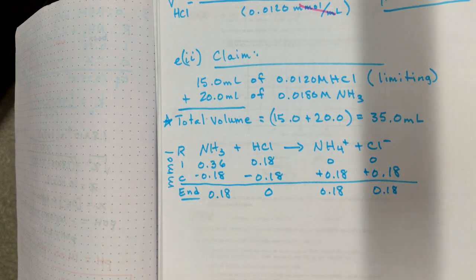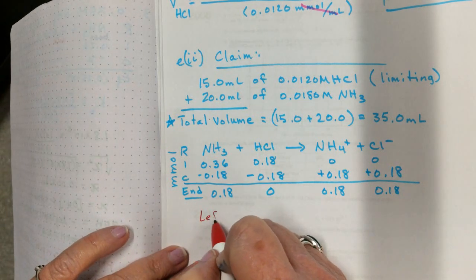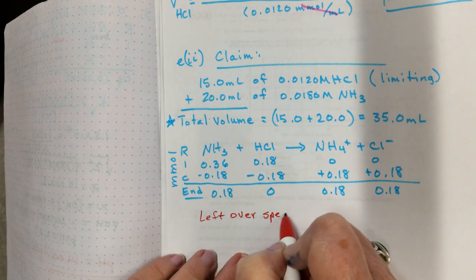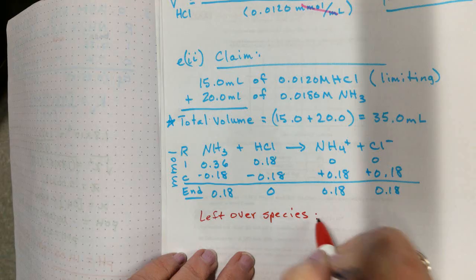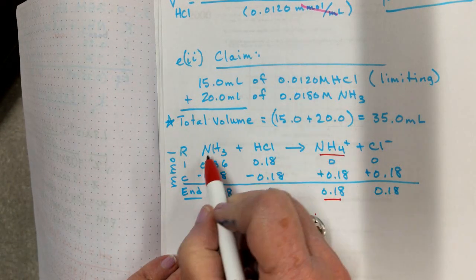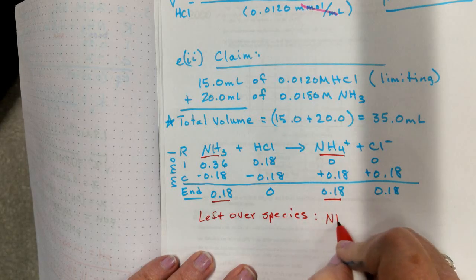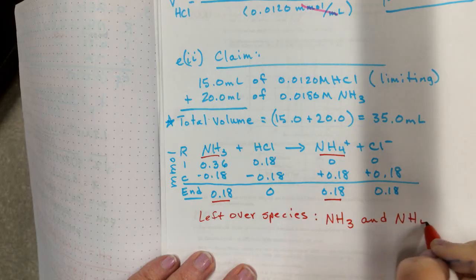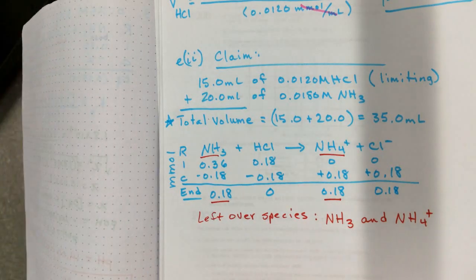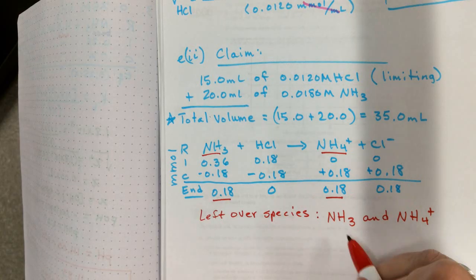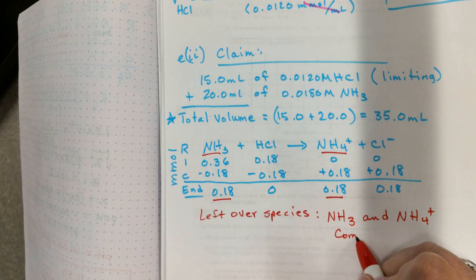So now we have to classify what's in the beaker. Leftover species. That's what's left over. Ammonia and its conjugate acid. As soon as you see a conjugate acid-base pair left over, you know this is going to be the common ion effect.